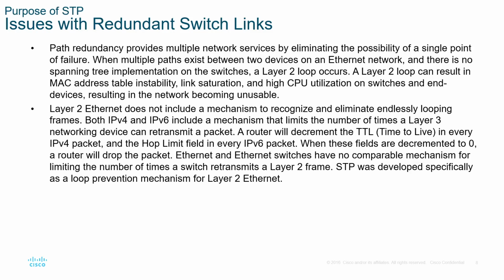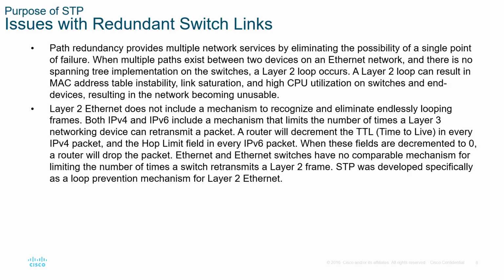Now, path redundancy provides multiple network services by eliminating the possibility of a single point of failure. When multiple paths exist between two devices on an Ethernet network and there is no spanning tree implementation on the switches, a layer 2 loop occurs.